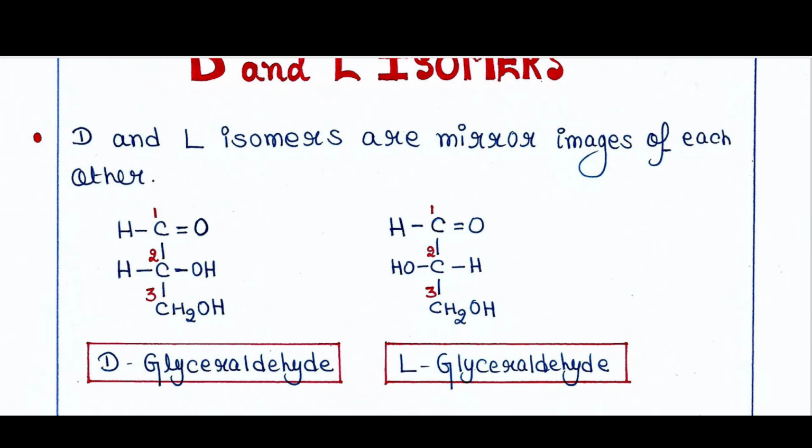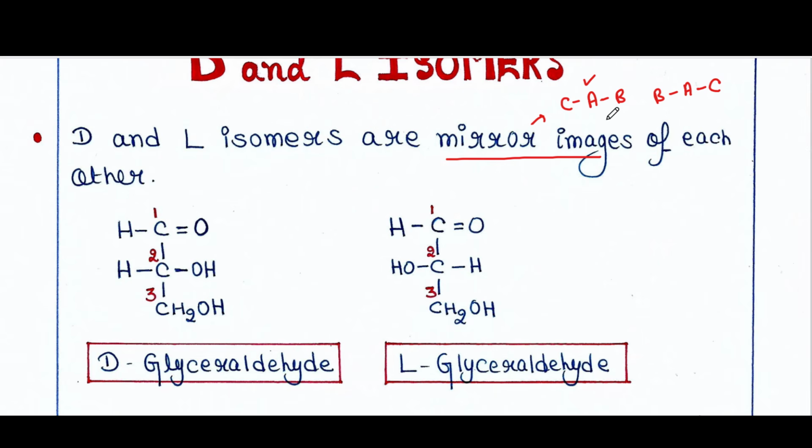So first of all, D and L isomers are mirror images of each other. What do we mean by mirror images? Suppose you have a compound with atoms A, B and C, where atom A has two bonds: one attached to B and another attached to C. Now here you can see C is on this side and B is on this side.